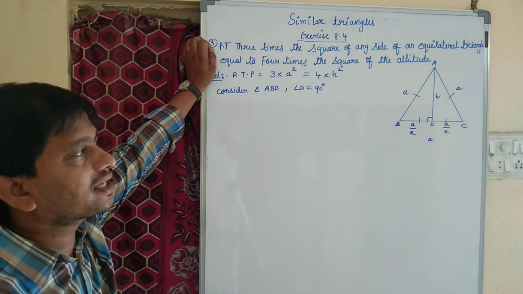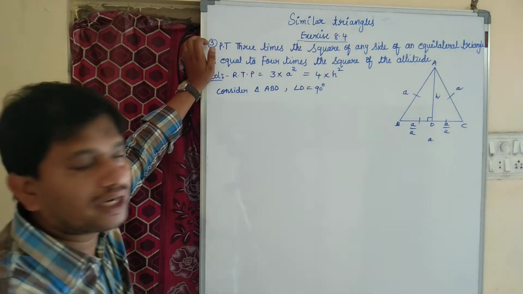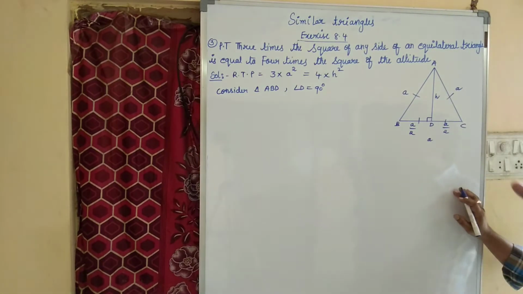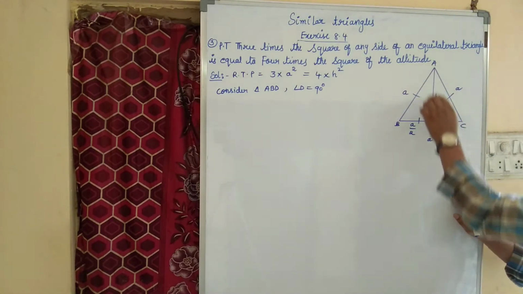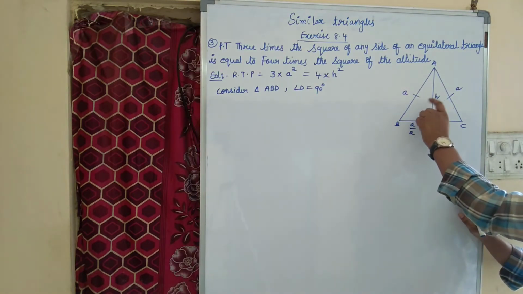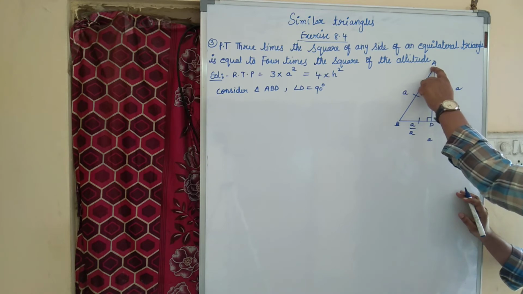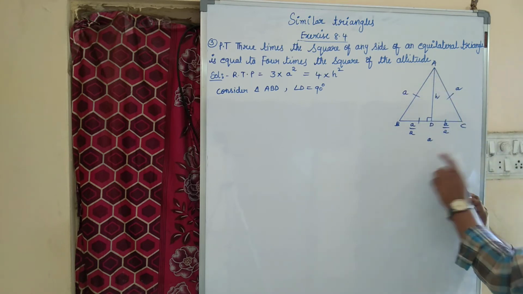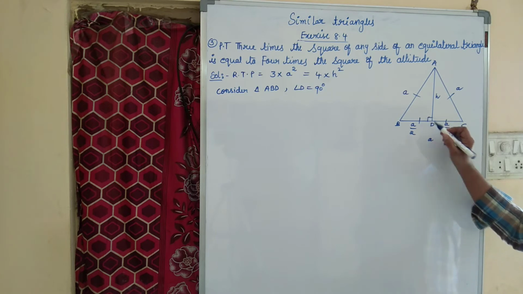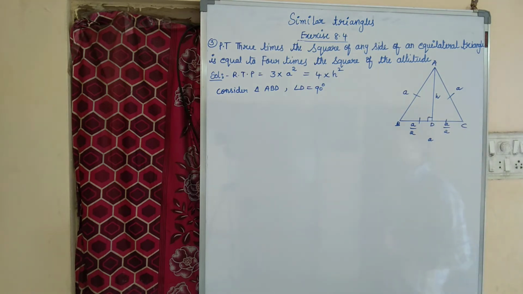So here in this case the altitude is also the median, because ABC is an equilateral triangle. A median is nothing but the line segment joining the vertex to the midpoint of its opposite side. Obviously ABC is an equilateral triangle, so it divides equally. Here in this case the altitude also becomes the median. The condition here is the altitude makes an angle of 90 degrees. Right?